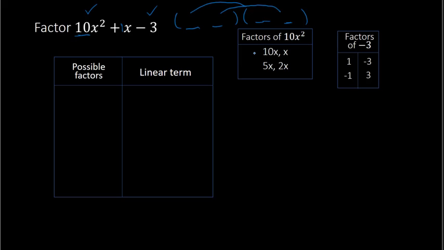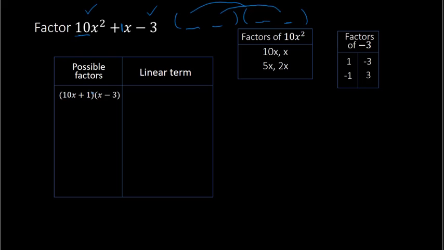If we experiment with the 10x and x in the first terms, we can then try the 1 and negative 3 for the last terms. That combination would give me back out the first and last part. The question is, will that give me the middle term of positive 1x? I can try by multiplying the inner and the outer.